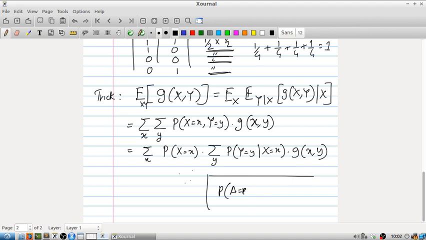Let's say A and B are two discrete random variables. Then the probability that A takes a value a and B takes a value b can be written separately as the probability that A takes a value a, times the probability that B takes a value b given A takes a value a. Okay, this is just a rule in probability.